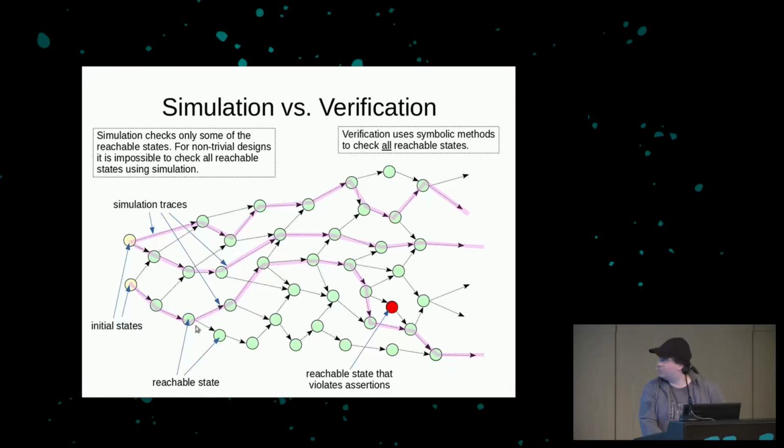This here is one of those simulation traces. And you see we have 3 simulation traces here, and they cover a subset of all the reachable states. Interestingly, they don't cover this red state, and the red state is a reachable state that violates an assertion. So when we would like to verify this circuit, we would like to be sure that we have caught this red state, that we have shown that this state is actually reachable.